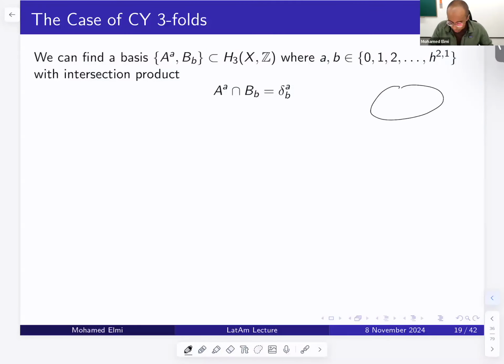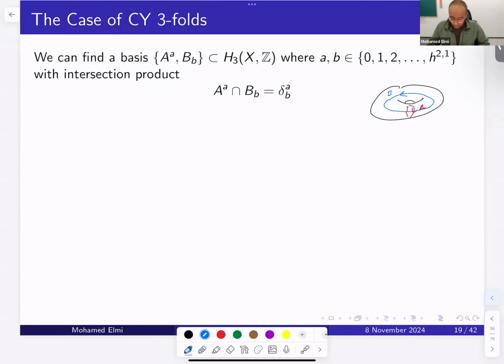For an elliptic curve, we had these A cycles and B cycles we saw earlier. On a Calabi-Yau threefold, you can find something very similar: nice bases with certain intersections. You will have 1 plus h21 A cycles and 1 plus h21 B cycles.